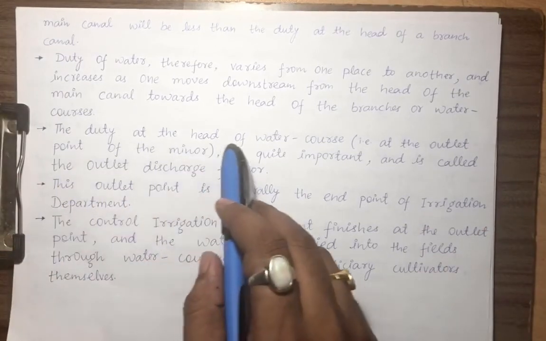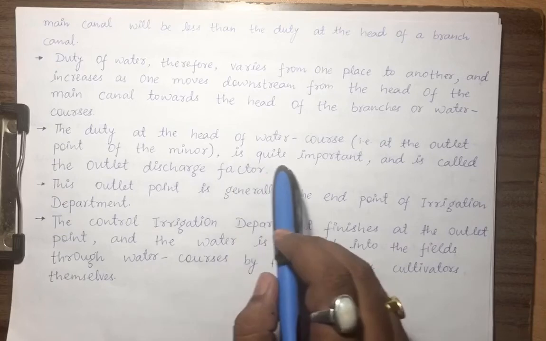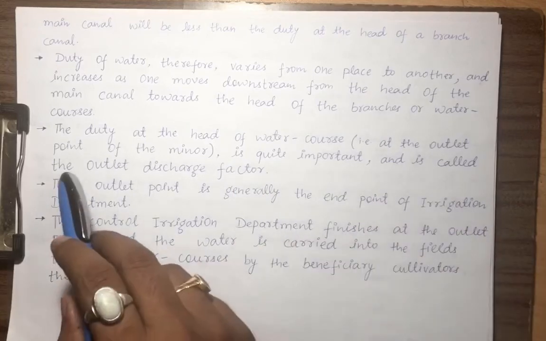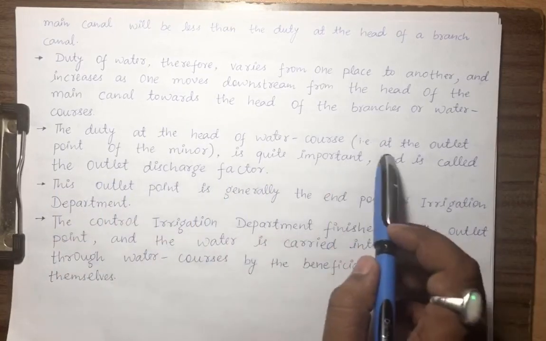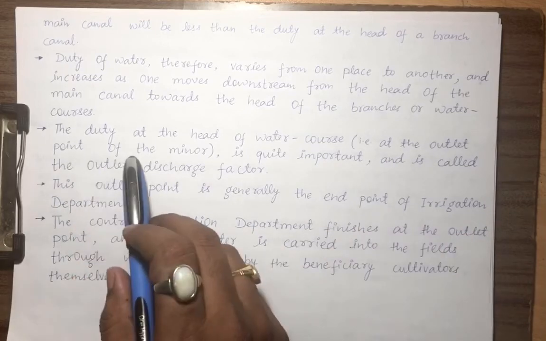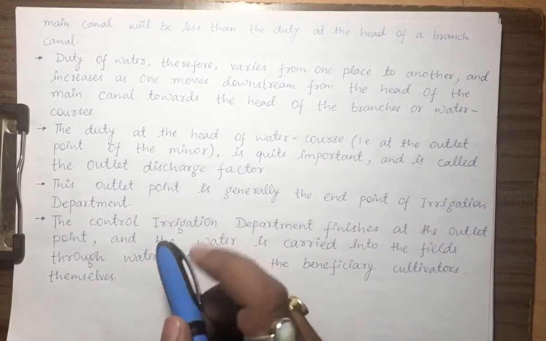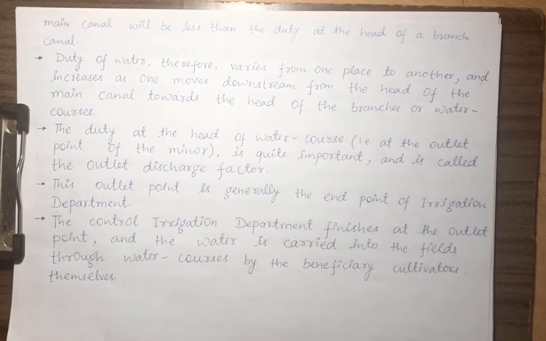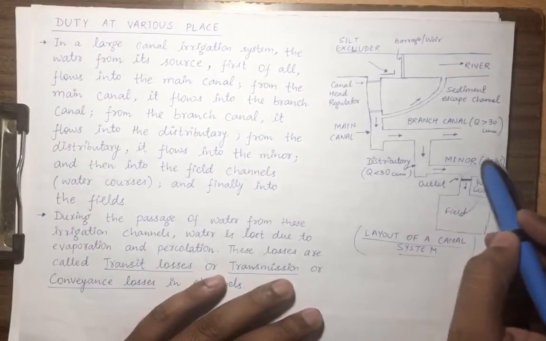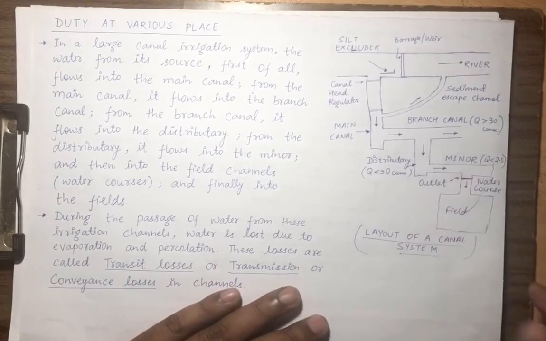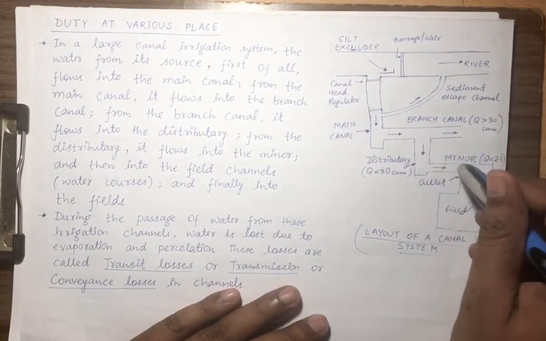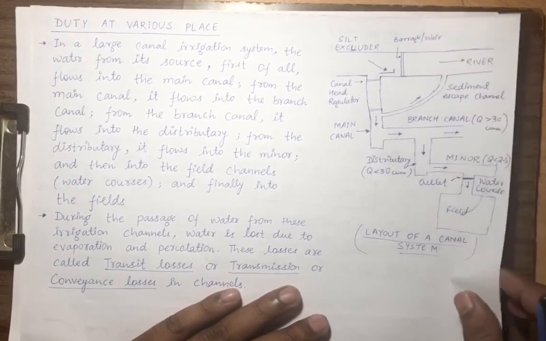The duty at the head of the water course is quite important and is called the outlet discharge factor. The duty at the inlet point of the minor. Okay, just see the diagram. Minor is this one, the final canal just before the field.